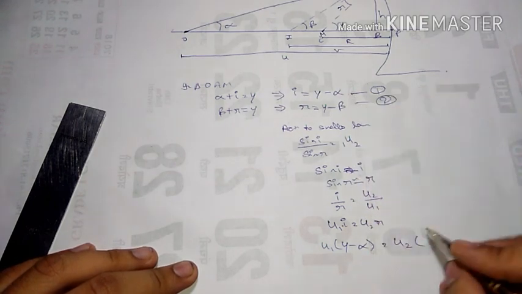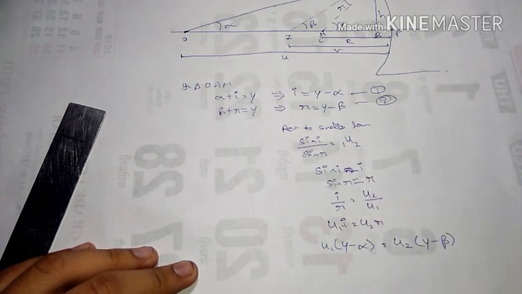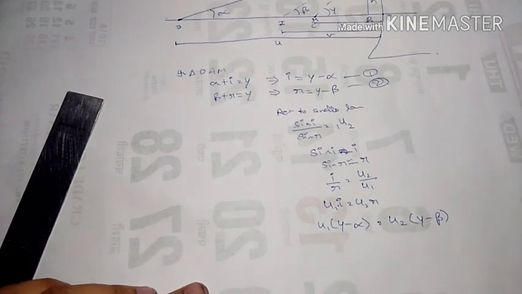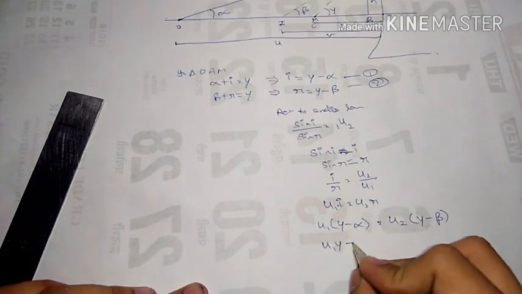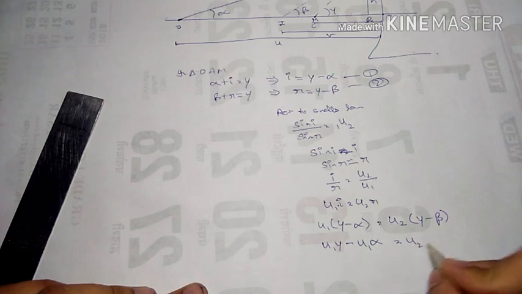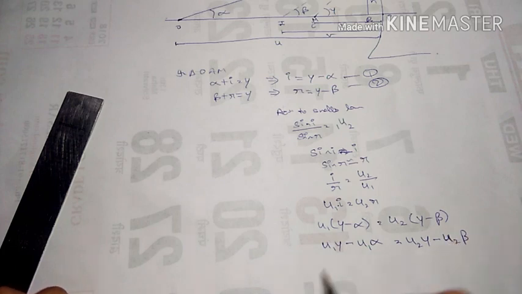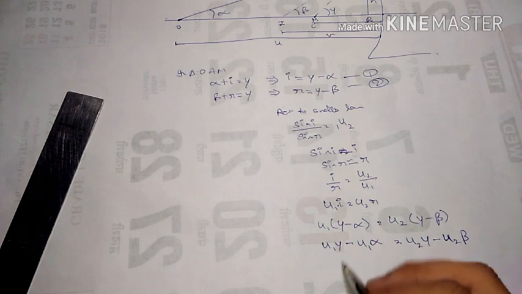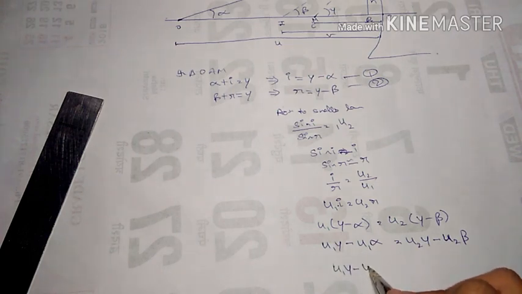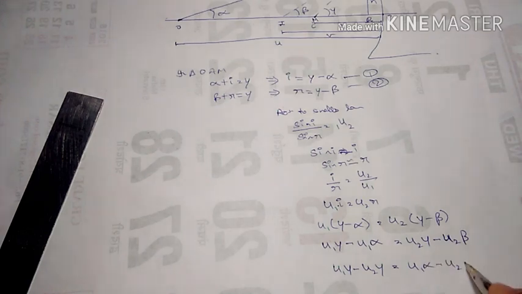Now we have to put the values of i and r from these two equations. So mu 1 into gamma minus alpha is equal to mu 2 into gamma minus beta. Now multiply this: mu 1 gamma minus mu 1 alpha equals mu 2 gamma minus mu 2 beta.